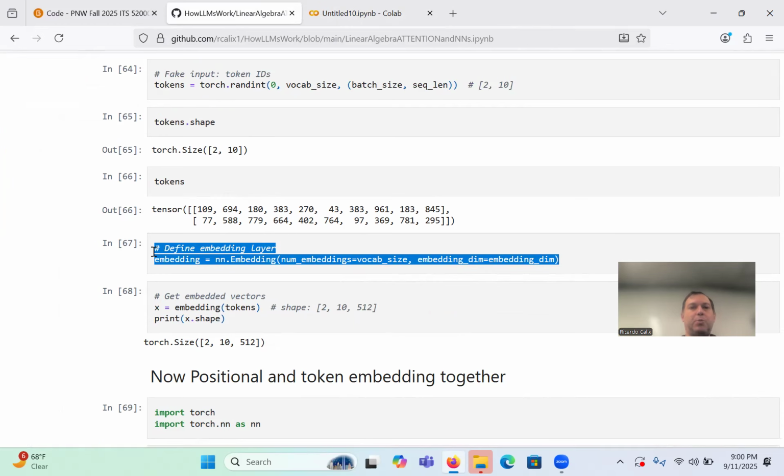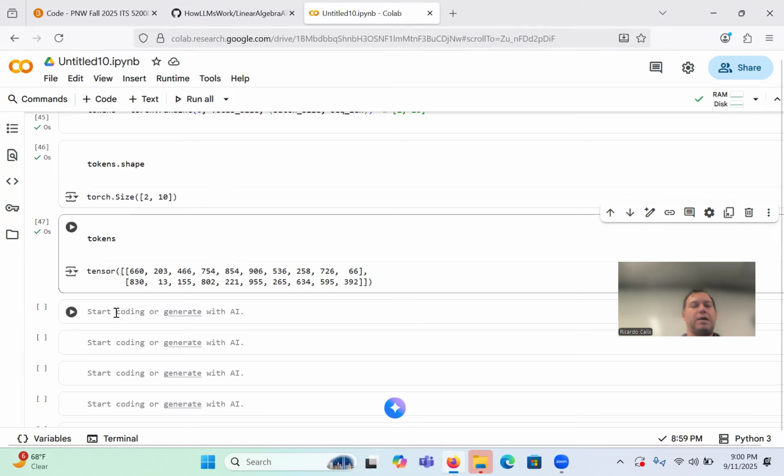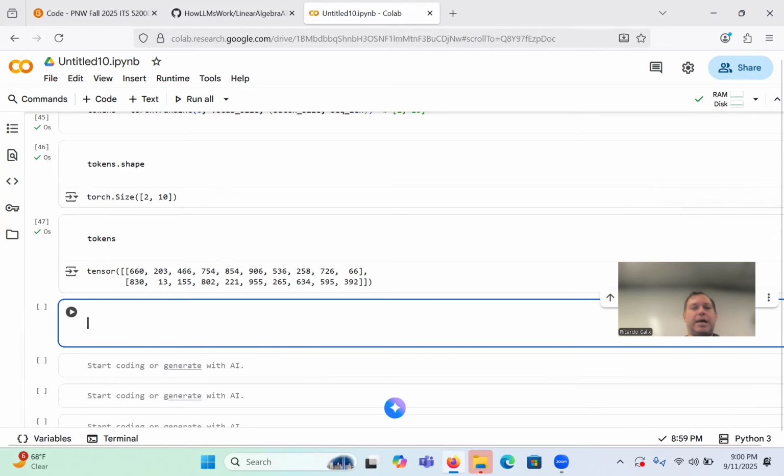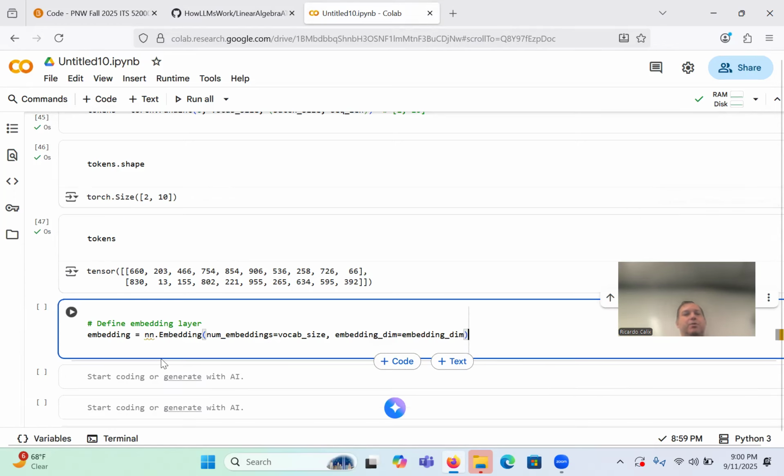This is the actual PyTorch code that you will use to do that. PyTorch, and also TensorFlow, have this construct called the embedding layer. The embedding layer is just like a neural network layer, but its goal is essentially to take IDs and map them into their embedding space.